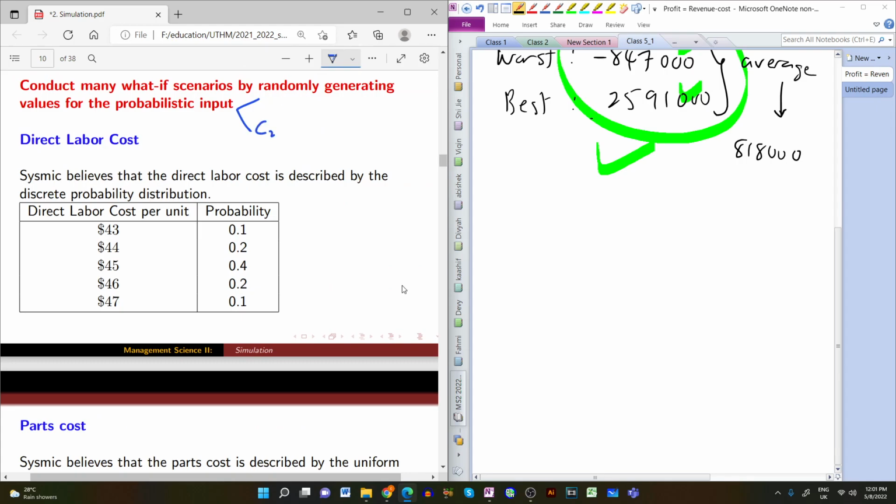I call the labor cost LC. Since they are probabilistic input, there are many chances for us to predict this cost. It is better for us to give a certain probability based on some probability distribution for each and every data there. So in this question we have fixed that direct labor cost will follow discrete probability.